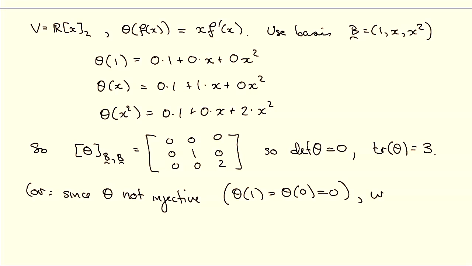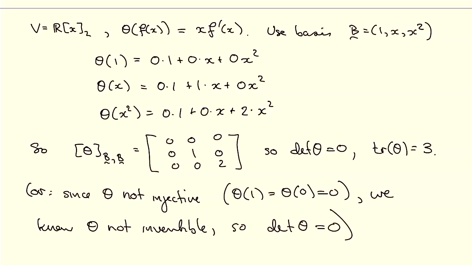We know theta is not invertible, so we could compute the determinant without actually having to do anything, really. Oh, well, that's a special case because it was actually not invertible. If it is invertible, I don't think there's any cheap way of finding the determinant, more or less.